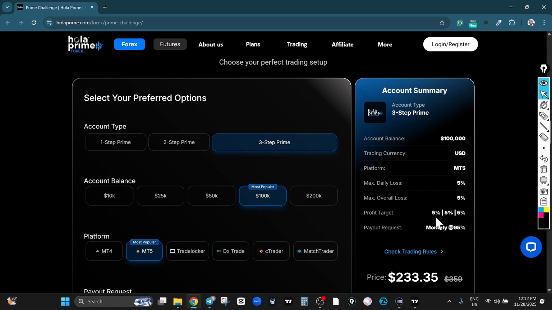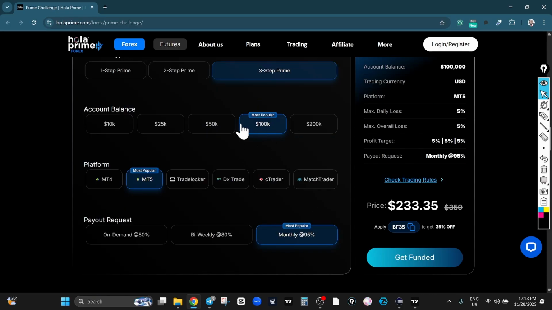Your first 2 challenges are more like going for the one-step pro, because the total is 10%. Then for the last one, you go for 5, so a total of 15, which is good. Easy to target, 5%, 5%, 5%. This is lovely. And then for 100K, it's 233.35.